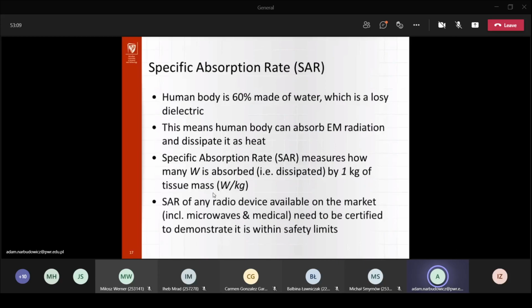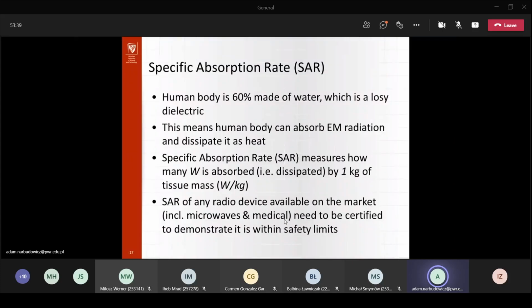Furthermore, any radio device available on the market, and that includes also microwaves, even though the microwaves are enclosed, right? So typically you don't have any radiation getting out of the microwave, but still they're using radio signals, and medical devices.